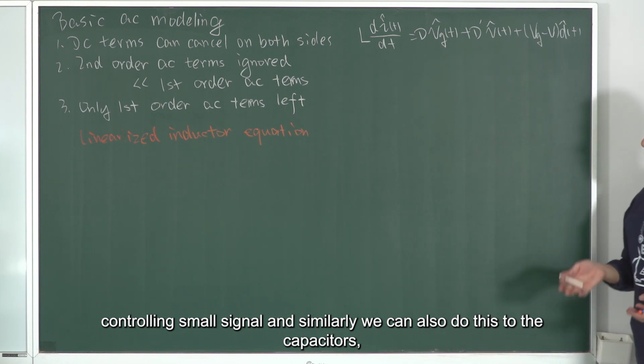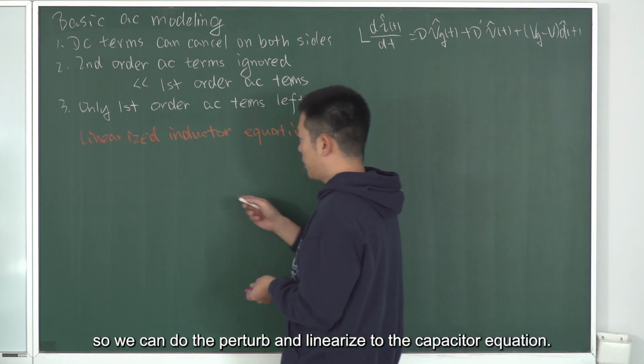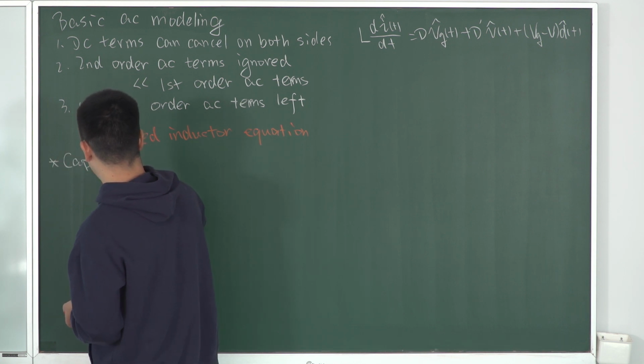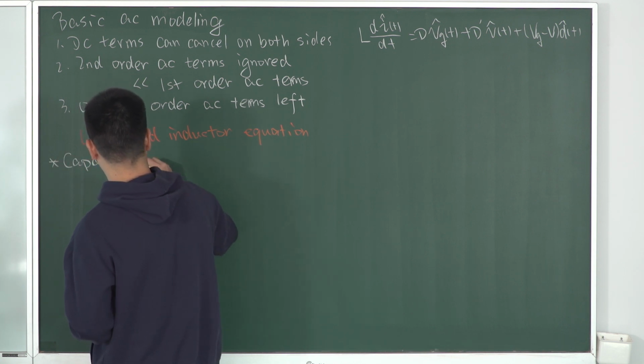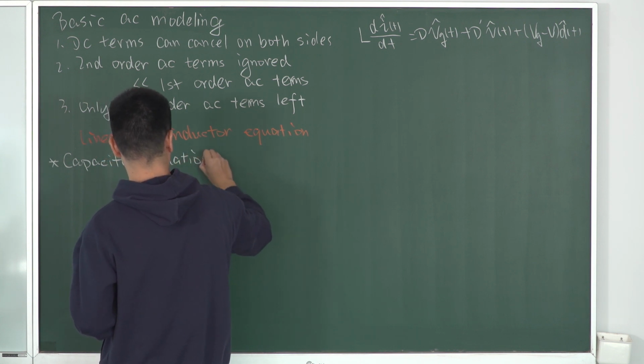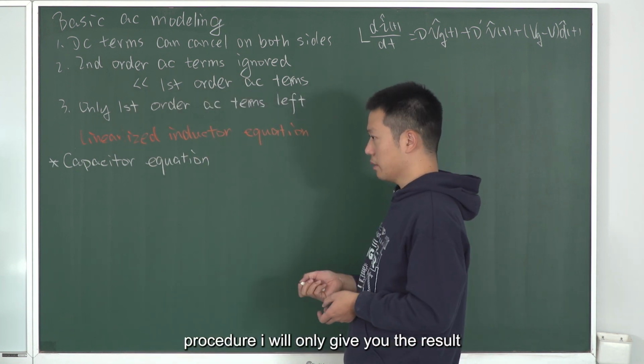And similarly, we can also do this to the capacitor. So we can do the perturb and linearize to the capacitor equation. I will not repeat the detailed procedure. I will only give you the result.